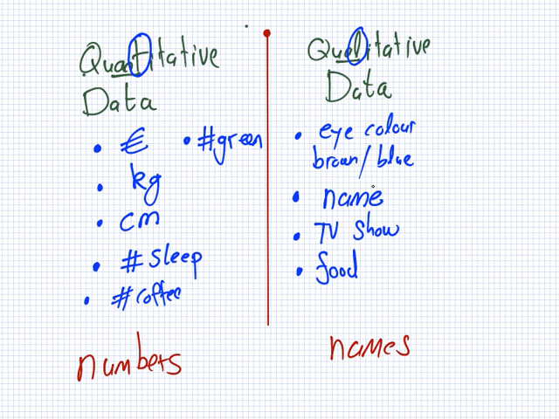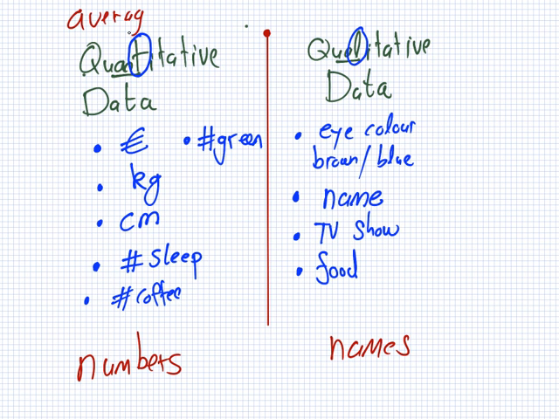You understand? We can show qualitative data on a chart if we count them. If I say, what's your eye color? Brown, brown, brown, I can make a bar chart. So you can show qualitative data on a chart. What you can't really do is an average.